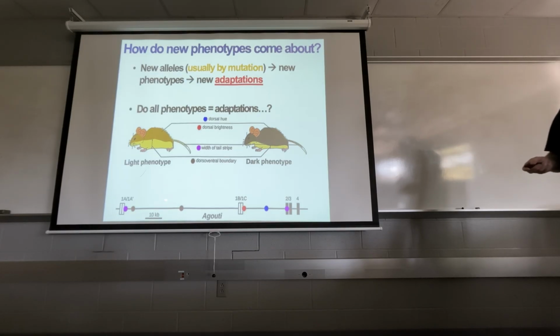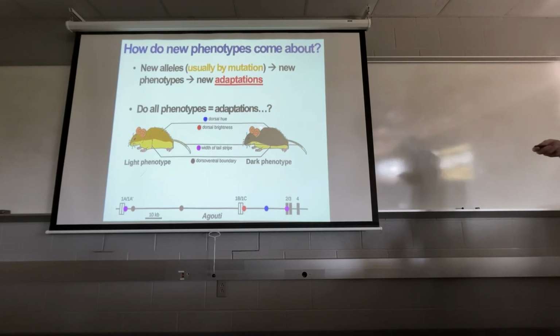You can see there are a couple dots here that represent a couple different areas or genes that are responsible for these color differences. So here's the light phenotype on one side, and here's the dark phenotype on the other. And these colors, which are found down here along the chromosome, are the genes that control those phenotypes. All of those genes together give you that continuous variation of phenotypes that you see.